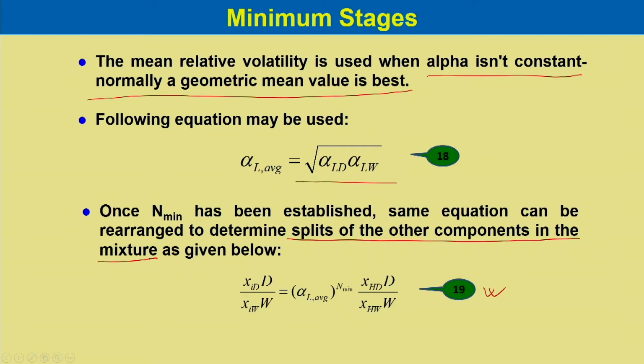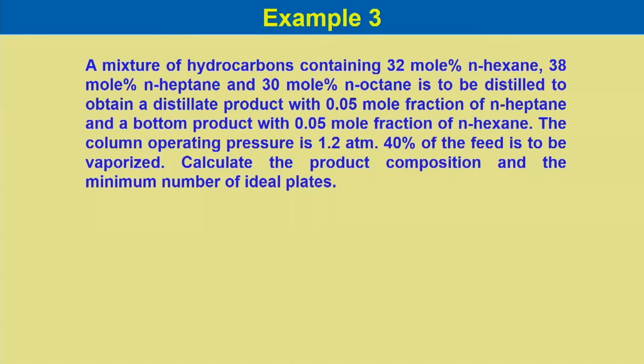Now, let us consider an example to calculate the minimum number of ideal plates. A mixture of hydrocarbons containing 32 mole percent n-hexane, 38 mole percent n-heptane and 30 mole percent n-octane is to be distilled to obtain a distillate product with 0.05 mole fraction of n-heptane and a bottom product with 0.05 mole fraction of hexane.